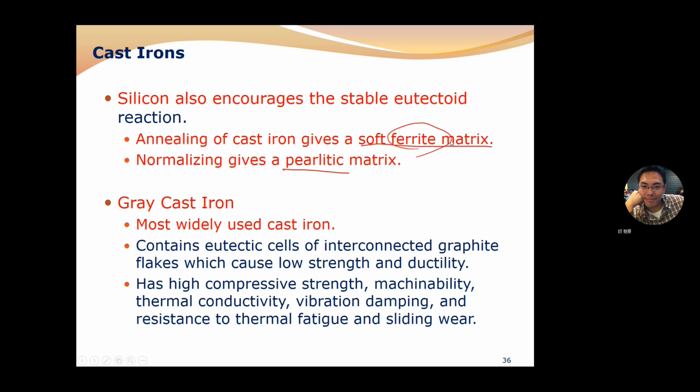Engine block, right? Engine block for the cylinder, for the piston. We need to consider the application of the engine block and what its property should be for the piston movement.